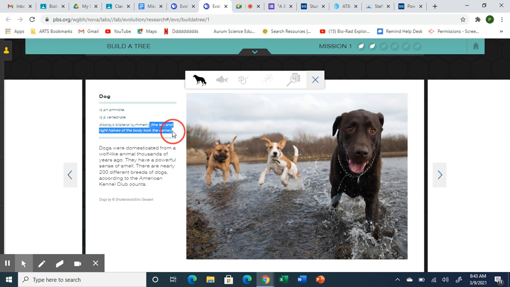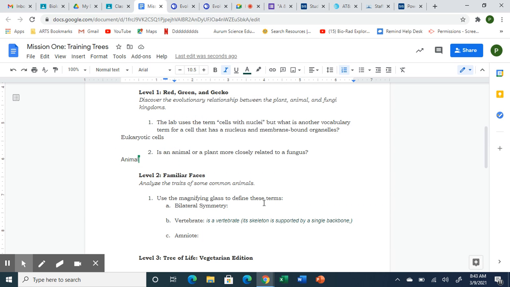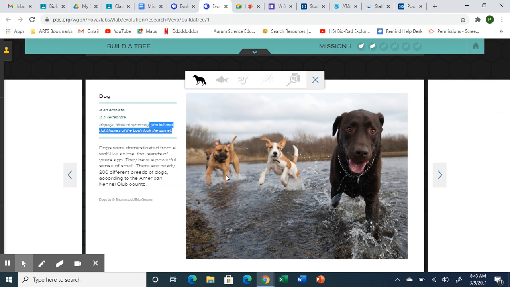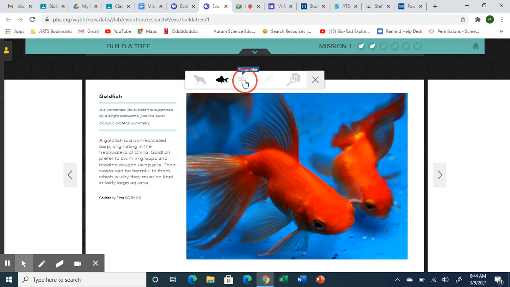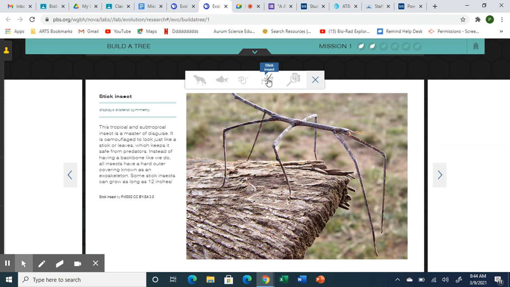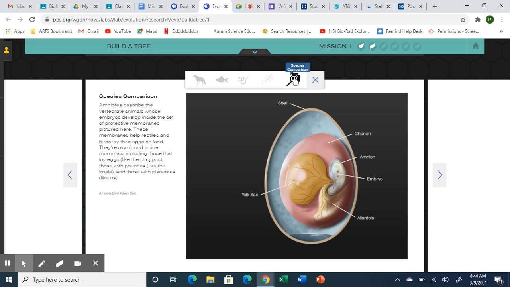So bilateral symmetry we've got here. And amniote, where is our amniote answer? Did I miss it? We have our goldfish, the snake, the stick. Here it is. Amniotes. Let's go here.